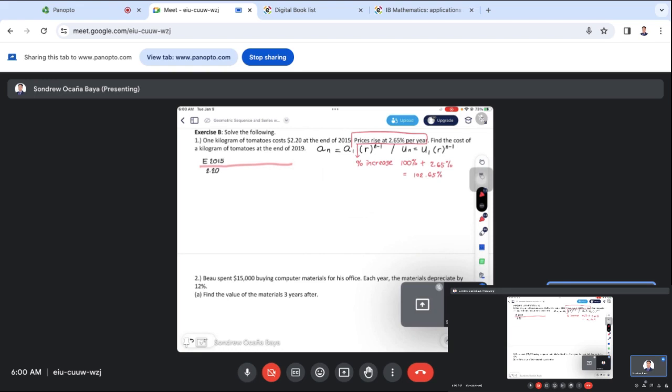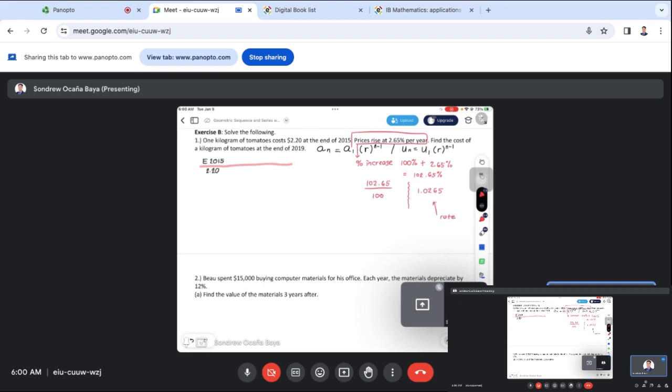Okay? However, we have to write this as a decimal or as a fraction. So you can either write it first as a fraction, which is 102.65% means per 100. And when you convert it into a decimal, this could be written as 1.0265. This is actually our rate.